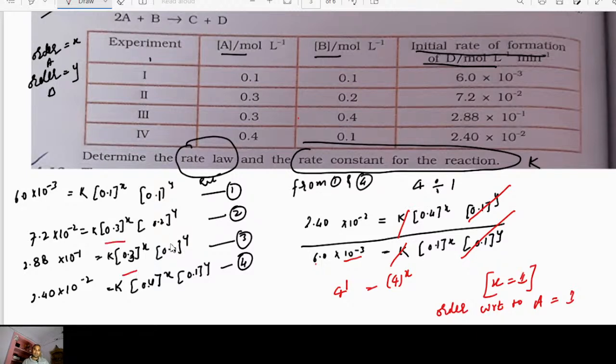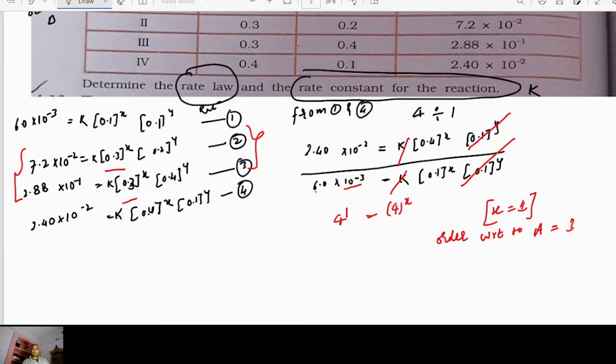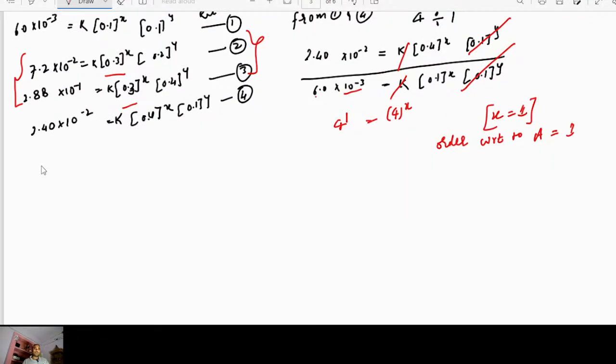So we can get the value of Y from this equation, from equations 2 and 3. From 2 and 3, you check which one is better. The denominator is the larger value, so 3 divided by 2 you do.